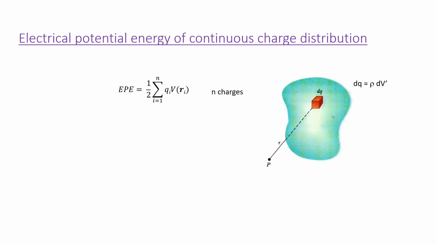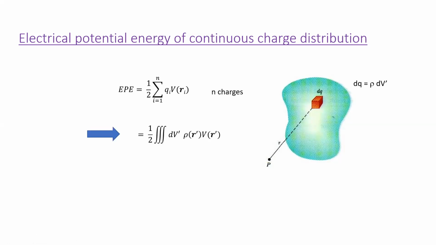And then here's a picture of a continuous charge distribution, or a continuous blob of charge with a little bit of charge dq, and dq is going to be equal to rho, the charge per unit volume, times dV prime, where dV prime is the volume of this little box here. And that box can be anywhere throughout the continuous distribution of charge.